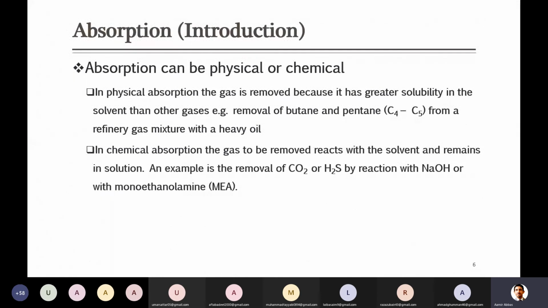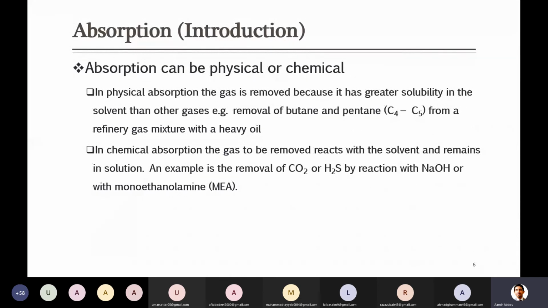The opposite of physical absorption is chemical absorption. In chemical absorption, there is a reaction between the liquid absorbent and the gases which you want to absorb. An example here is the removal of CO2 and H2S, either from natural gas or from biogas and so on. Their removal takes place with the help of a reaction.